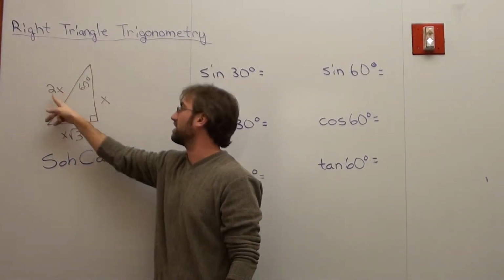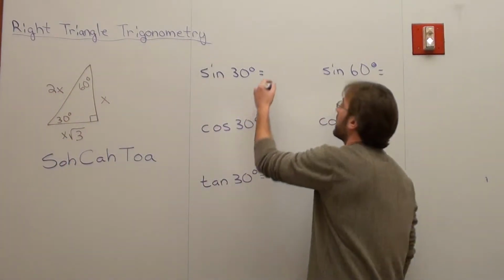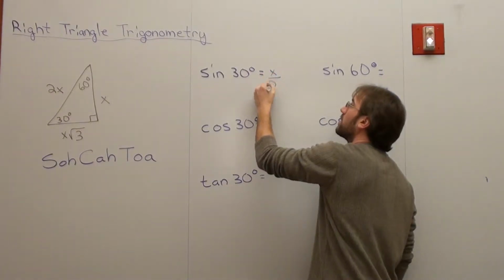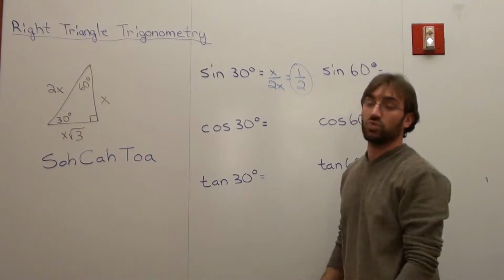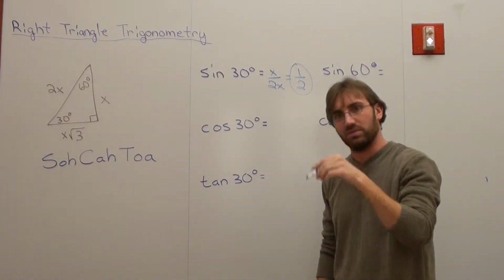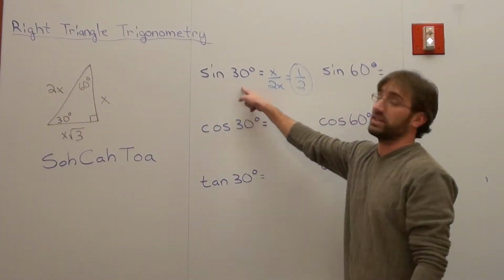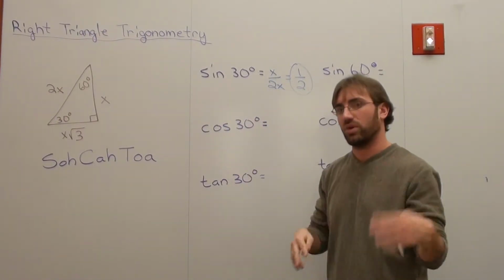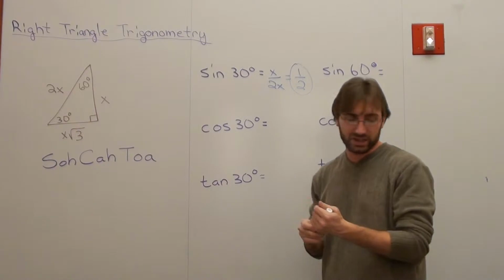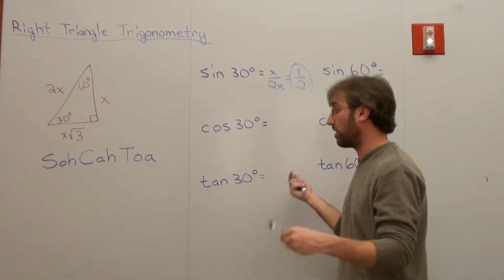This would be the opposite, that would be the hypotenuse. That's x over 2x, which is the same thing as 1/2. The x's cross out and become 1 over 2. And you can check it. Sine of 30 degrees in your calculator is 0.5, but you wouldn't put 0.5, you'd put 1/2. Why? Because you want exact values, not arbitrary values.